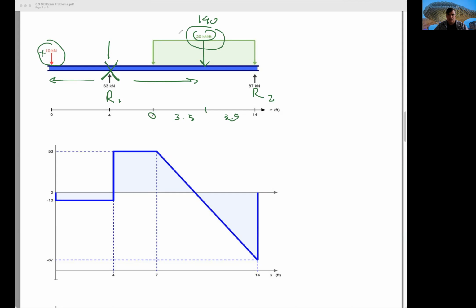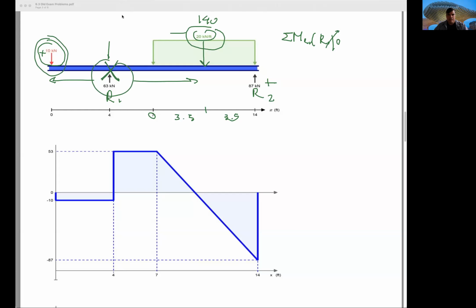If you decide this is positive, this is negative, therefore this is positive, and R1 disappears. Be careful about that. Do it step by step, write everything, summation of moments at R1, and write R1 multiplied by 0 equal to 0, because if not, you can get lost. In the same way that you notice R1, you can ignore the 10.